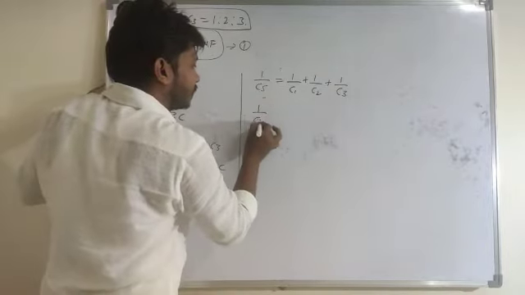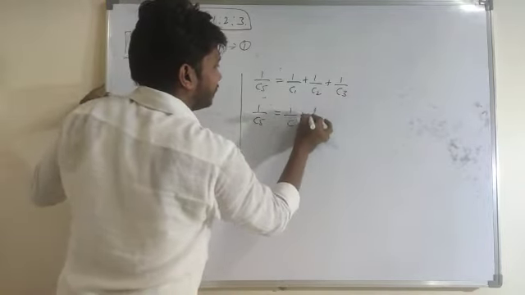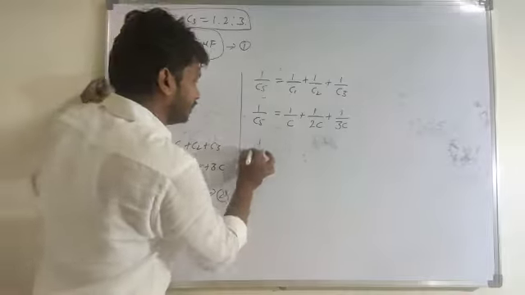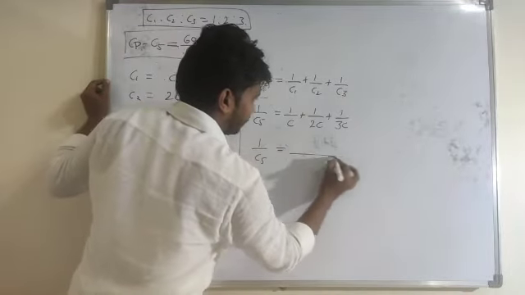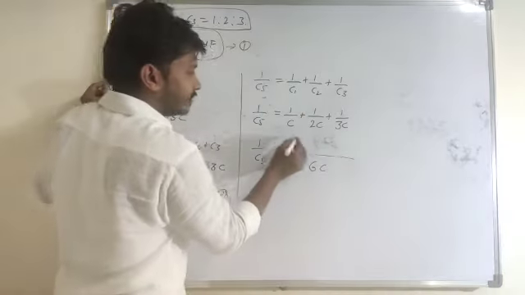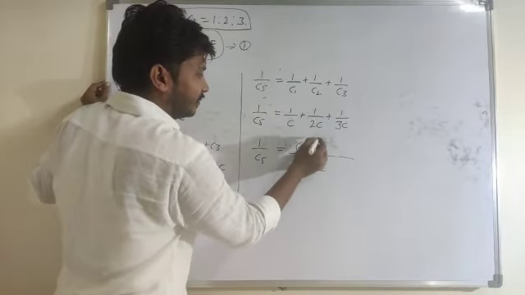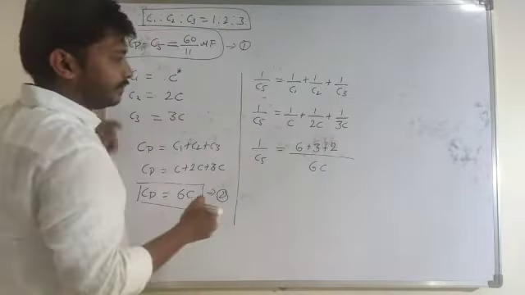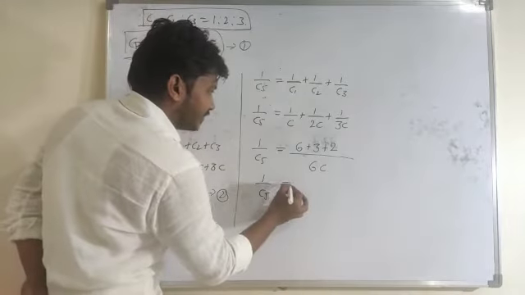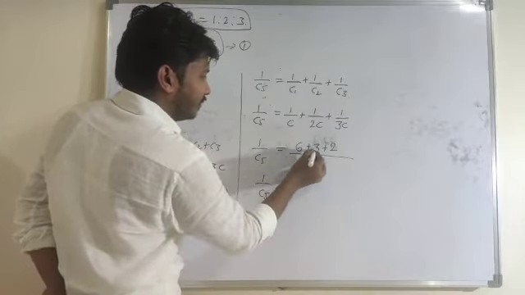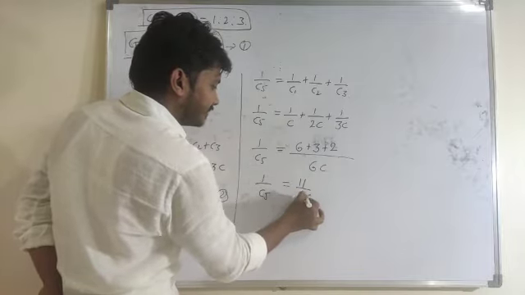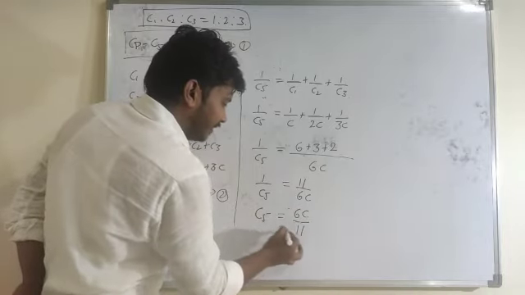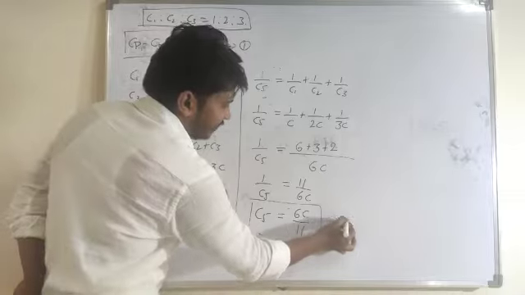So 1 by Cs is equal to 1 by C plus 1 by 2C plus 1 by 3C. Taking the LCM 6C, we get 6 plus 3 plus 2, so 1 by Cs is equal to 11 by 6C, or Cs is equal to 6C divided by 11. I will take this as equation 3.